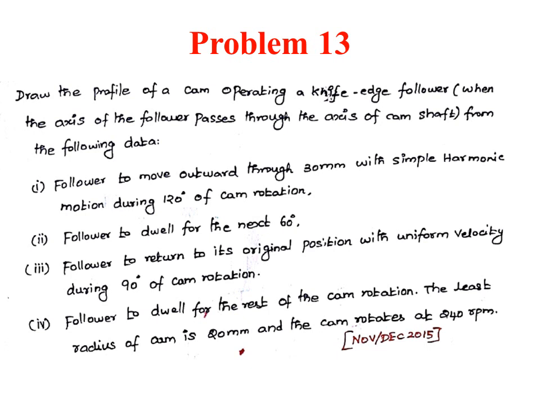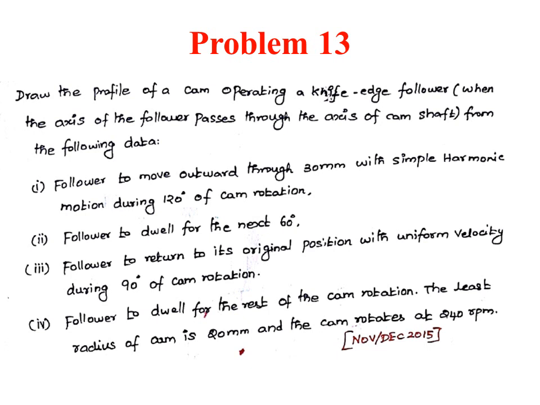The cam rotation for this is 120 degrees. After that there is a dwell for 60 degrees. Then the follower returns, that is the return stroke, to its original position with uniform velocity. So here the follower follows two motions: simple harmonic motion during the outstroke and uniform velocity during the return stroke.